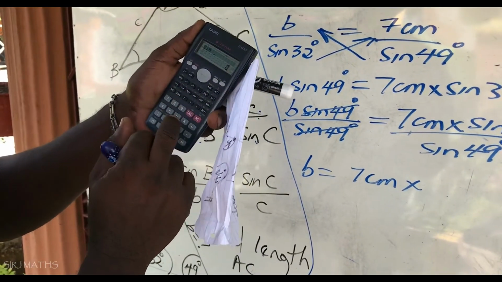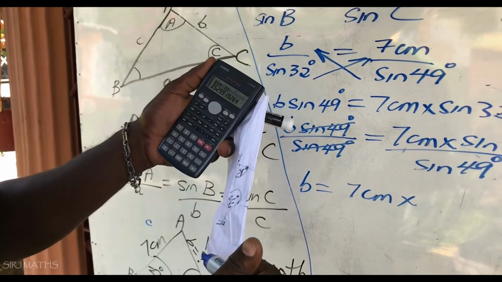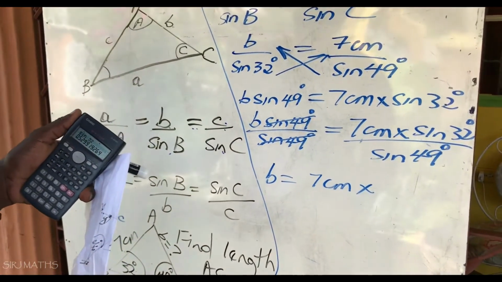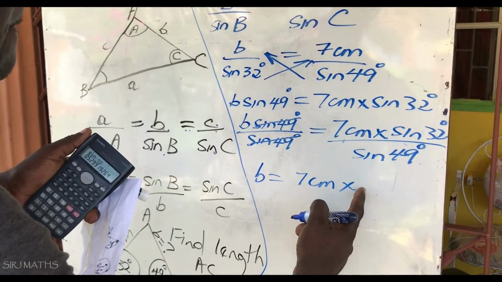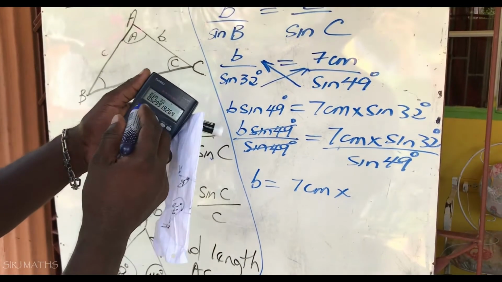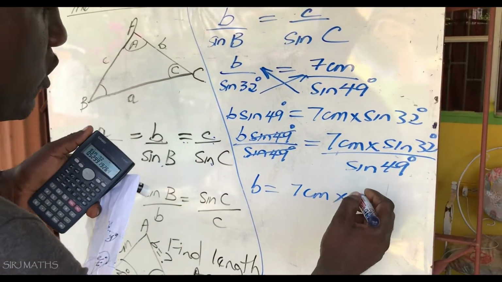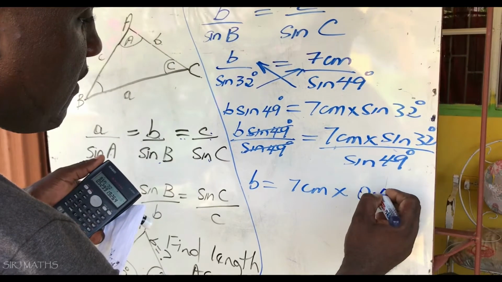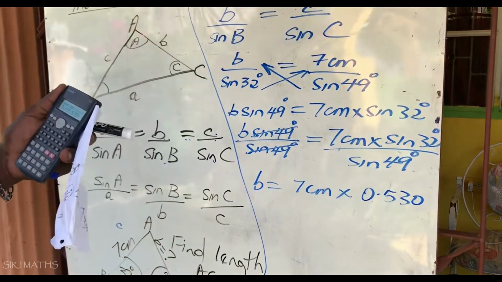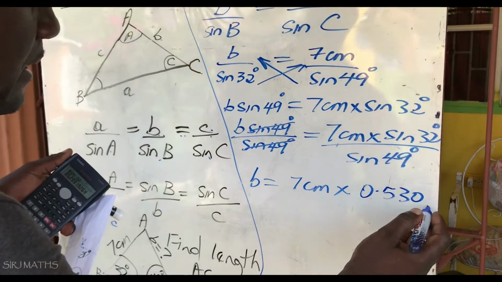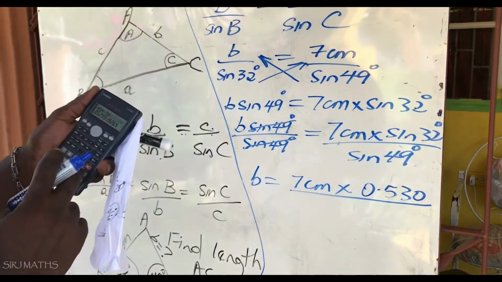So I have sine 32 degrees equals, now I am going to write it, as I said, correct to 3 decimal places. So I have 0.5299, rounded off to 3 d.p. is 0.530. And then I am going to divide that by the sine of 49 degrees.